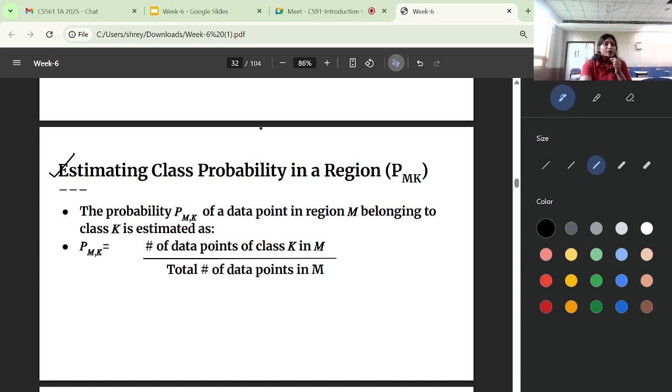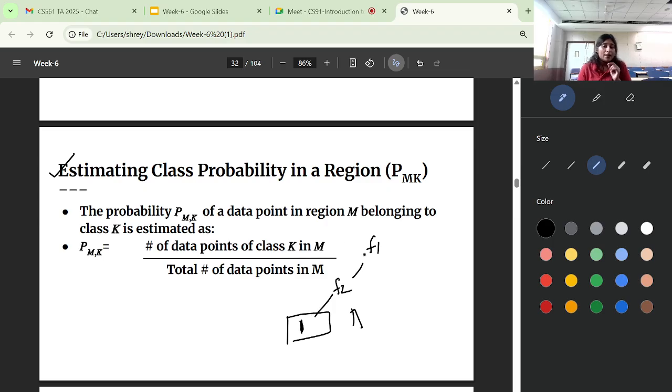First let us define some probabilistic functions. Let's say we have some region. Region means a leaf node, so every leaf node is defining some region. Coming to this leaf node, you are using some criteria, some conditions: let's say feature 1 value is this, feature 2 value is this, and then you reach this leaf node.